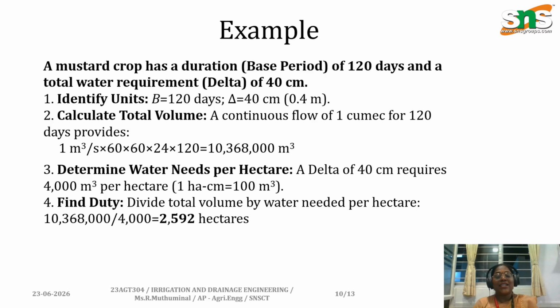Since each hectare requires about 4000 cubic meters of water, this quantity of water can irrigate nearly 2592 hectares. So this value represents the duty of the water.